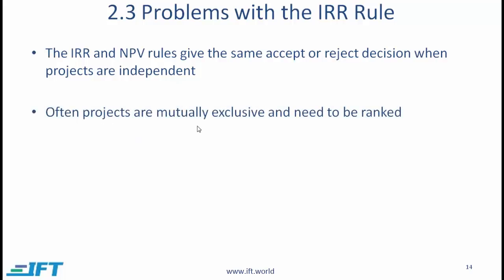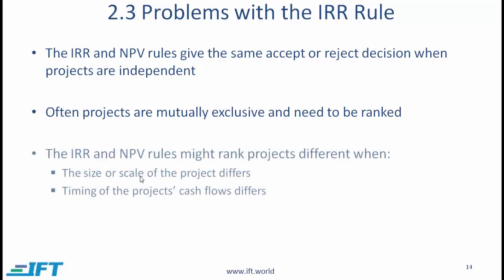But very often projects are mutually exclusive and need to be ranked. Most companies have a budget and obviously cannot execute all projects. Therefore, they need to select which projects to do. To select projects, they rank projects and then do projects that obviously rank well. Now, we can rank using NPV or we can rank using IRR.